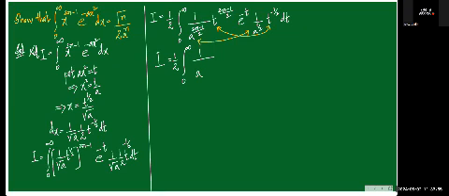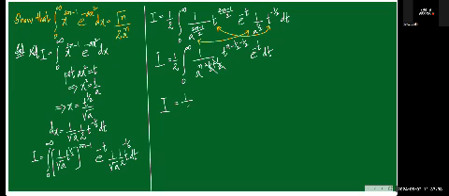Split this: 2n/2 means n left, 1 by 2 minus 1/2, and adding this, since bases are equal, powers should be added. Plus 1/2 gets added with this. Now do the same with t: splitting that 2 to cancel, n left, and this is minus 1/2, this is one more minus 1/2, and e power minus t and dt. Correct? Plus 1/2 and minus 1/2 cancel. Now a power n is a constant, so we can take it outside.